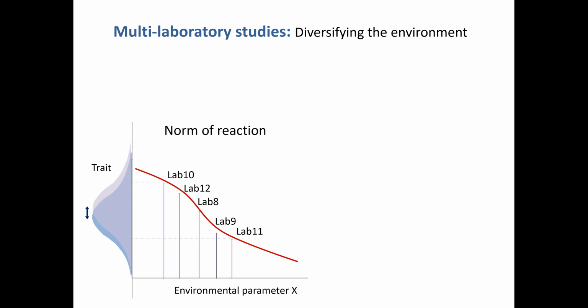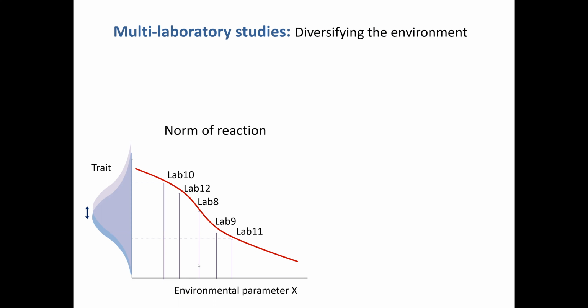One way we can work against this is by making multi-laboratory studies. So instead of conducting an experiment in only one lab, 2 or 3 or 4 labs should team up, each lab testing a few mice and doing the same experiment. And then you pool the data and analyze them jointly.